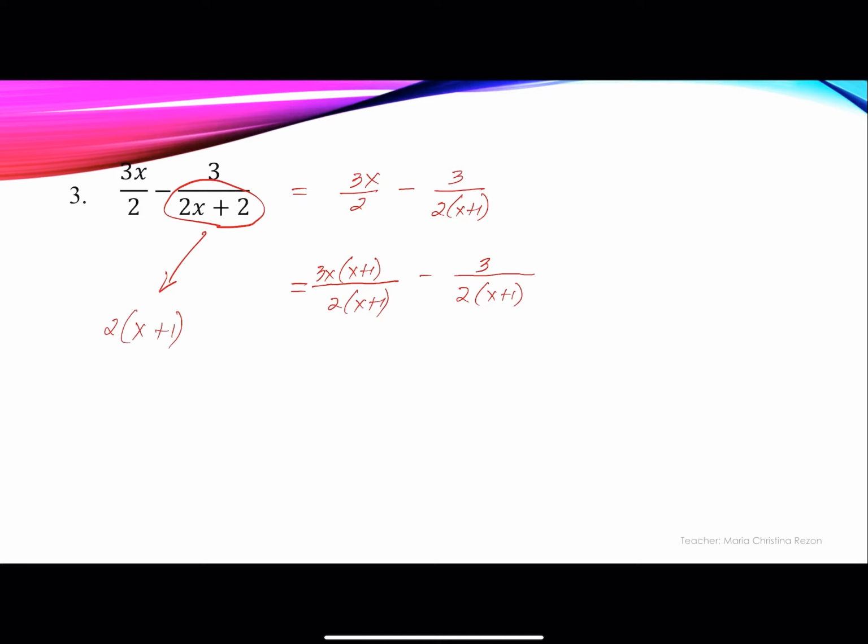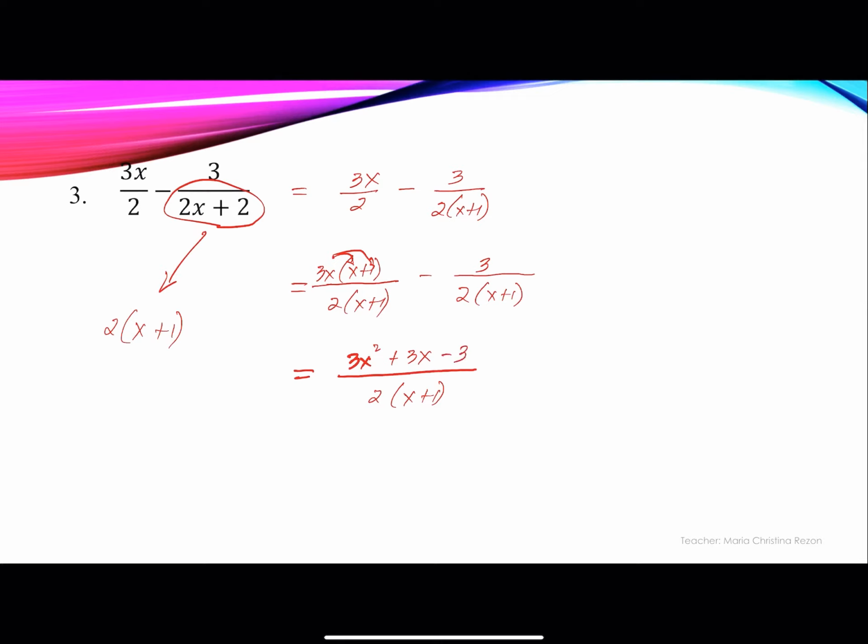So simplify further, you will have 2 times x plus 1 as your denominator. Then you distribute that. So you have 3x squared, and then 3x times 1 gives you plus 3x, and then you have minus 3.